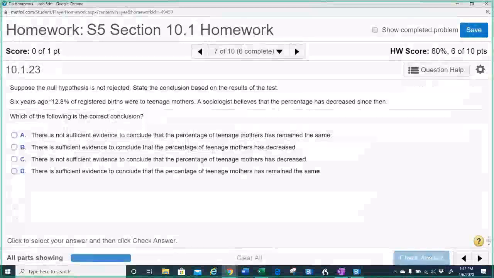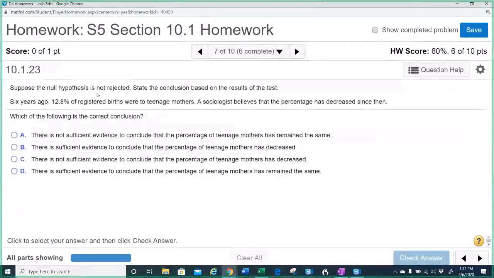All right, suppose the null hypothesis is not rejected. So when you do not reject, you always say there is not sufficient evidence. So we're down to either A or C. So state the conclusion based on the results. So 12 years ago, 12.8% of registered births were to teenage mothers. A sociologist believes this percentage has decreased since then.